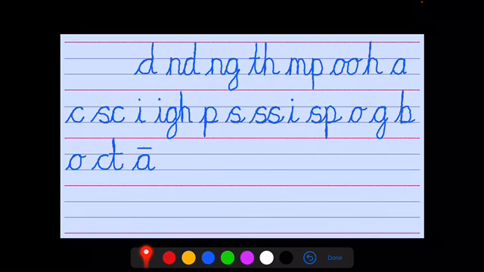But I don't think we're going to need one here, because the IGH following lets us know that we are thinking about the long vowel sounds.